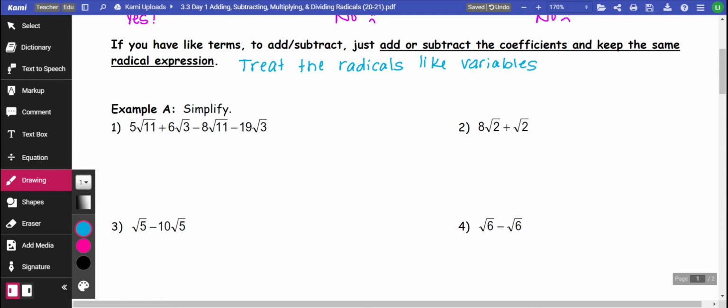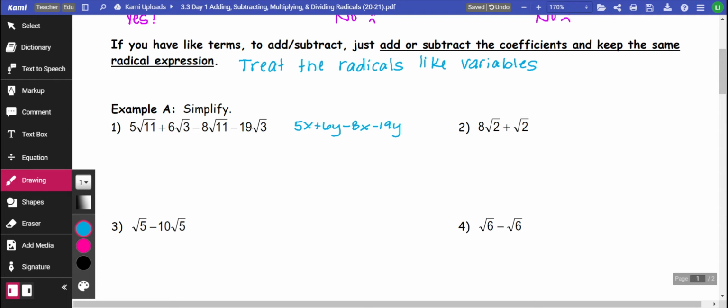So number 1, I have 5 root 11 plus 6 root 3 minus 8 root 11 minus 19 root 3. So if you think of it like this, 5x plus 6y minus 8x minus 19y. Treat the radicals like variables.